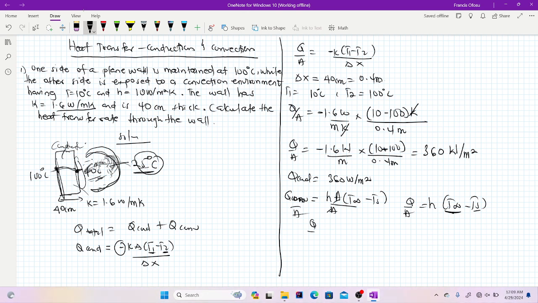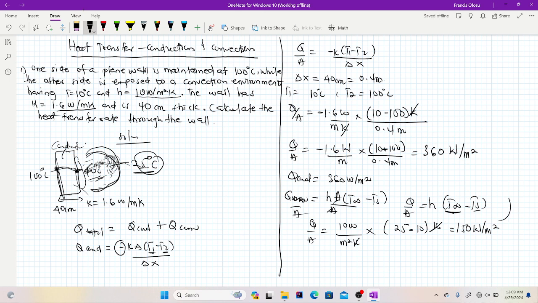Now our Q over A equals our h, which is 10 watts per meter squared Kelvin, multiplying T infinity 25 minus 10 Kelvin. So Kelvin cancels Kelvin, and we are left with 10 multiplying (25 minus 10), which gives 150 watts per meter squared.